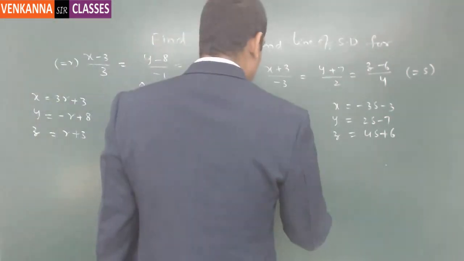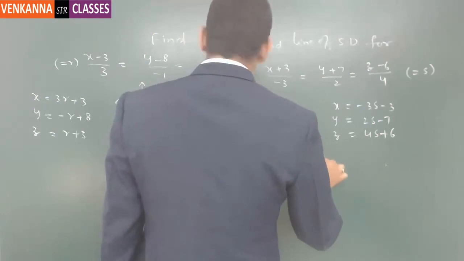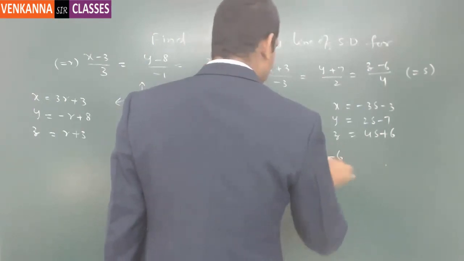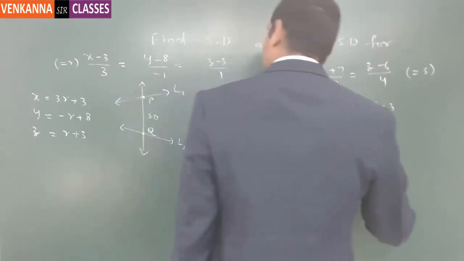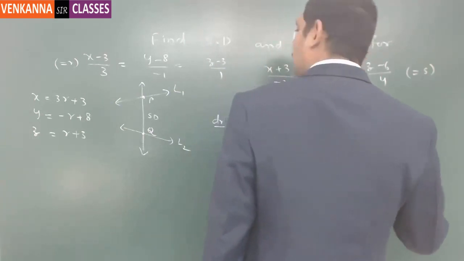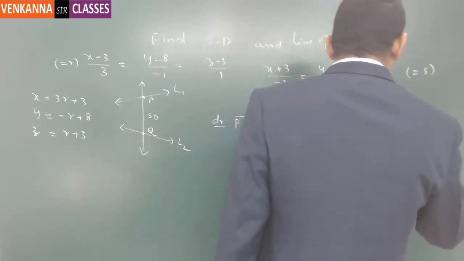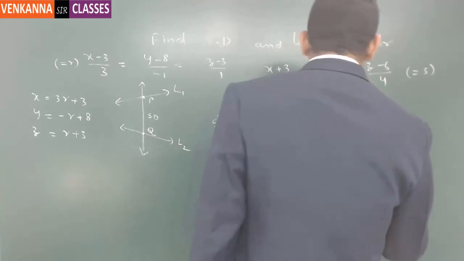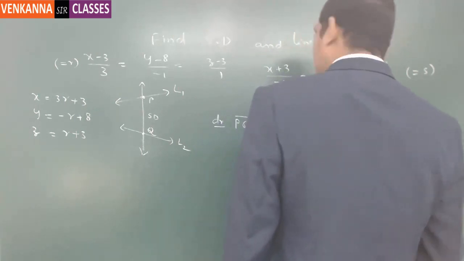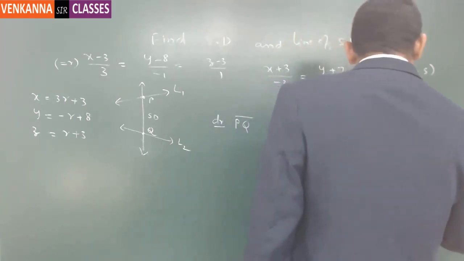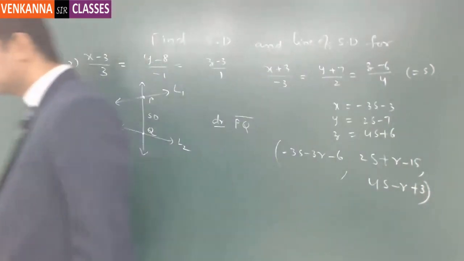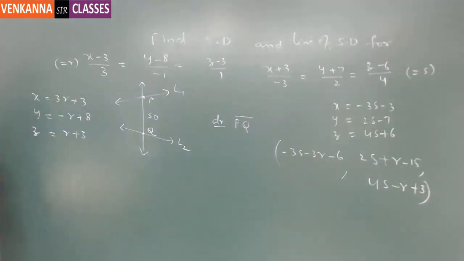So you have minus 3S minus 3R minus 6, then 2S plus R minus 15, and again 4S minus R plus 3. These are the drs of PQ.